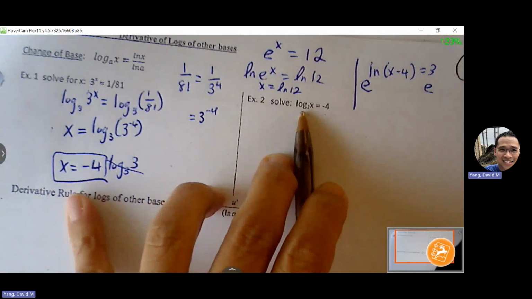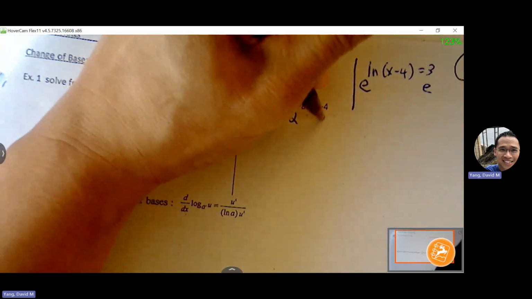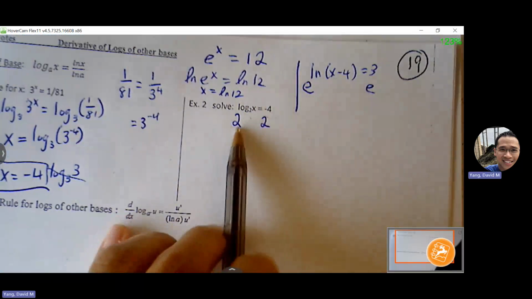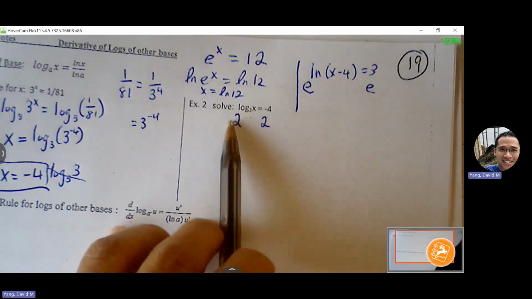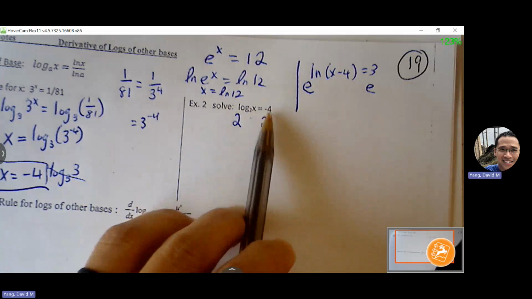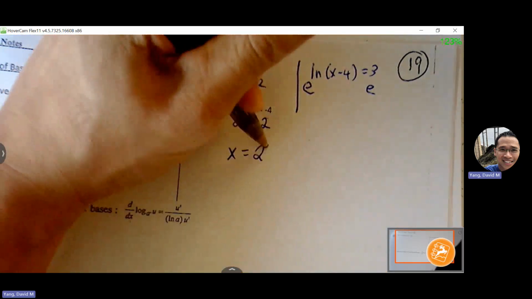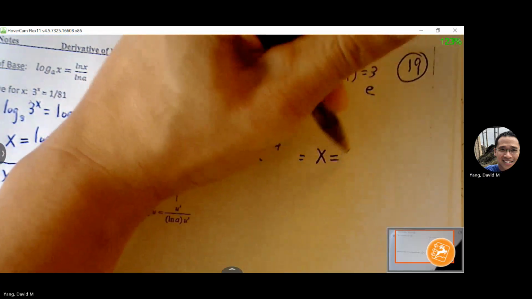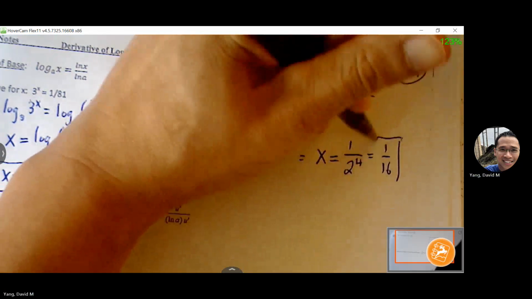So I can involve the inverse of log base 2, which is exponential function 2 to the x. So I can raise both sides with 2 as the base. Much like how e and natural log cancel out, exponential function base 2 and log base 2 also cancel each other out. I'm raising both of these as exponents. So that cancels out to be just x equals 2 to the negative 4. And 2 to the negative 4 is the same thing as 1 over 2 to the 4th, which is 1 over 16.